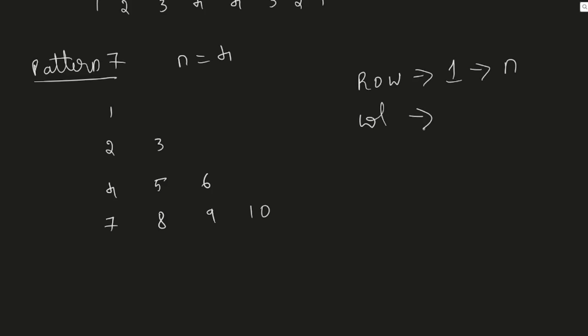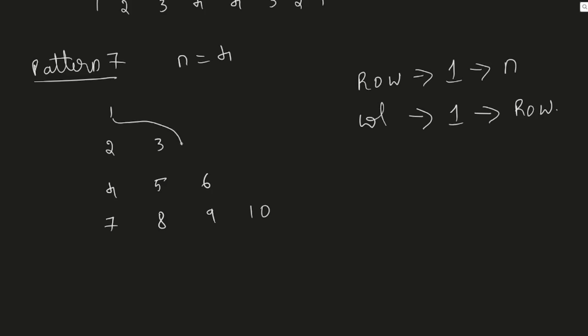Column loop starts from 1, goes till the value of row, including the value of row. That's it. But only the printing content changes here, because we are not starting the values from 1 here.